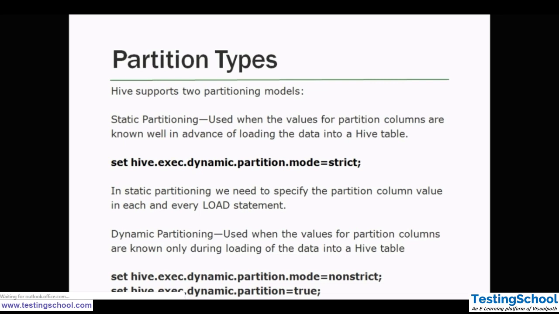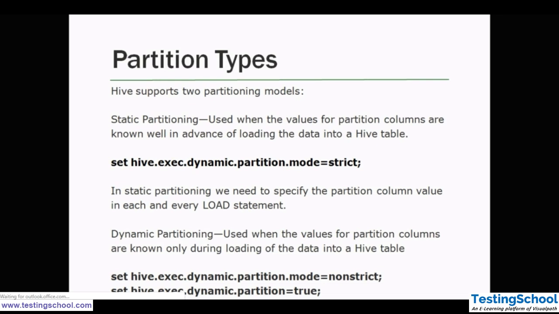The second type of partition is the dynamic partition. Dynamic partition is where we don't know the values of the column on which we are going to partition our data.